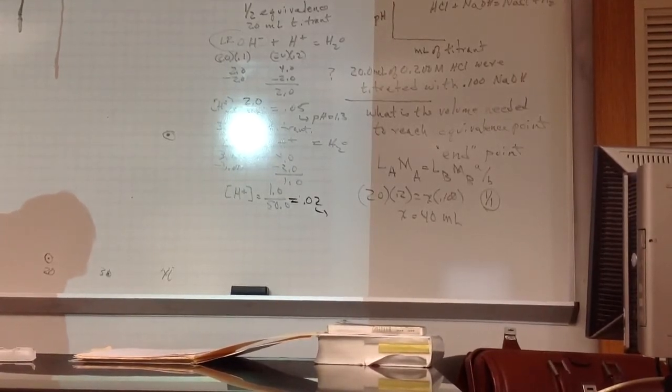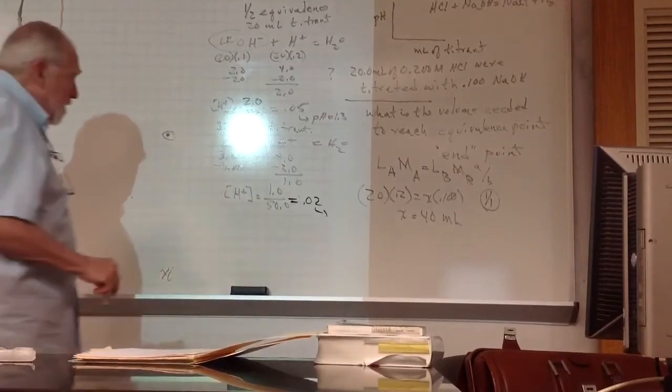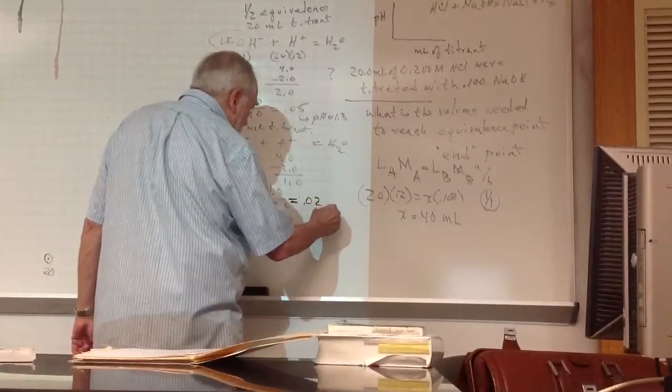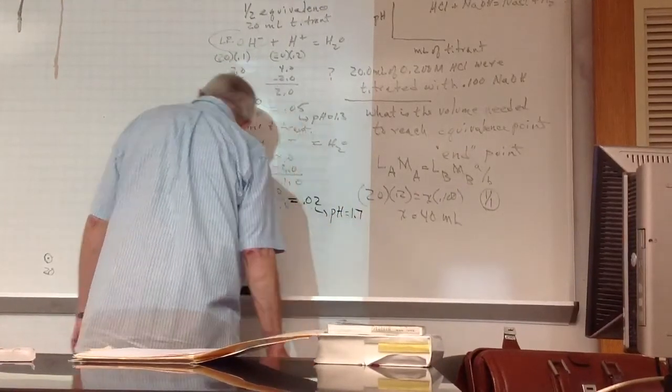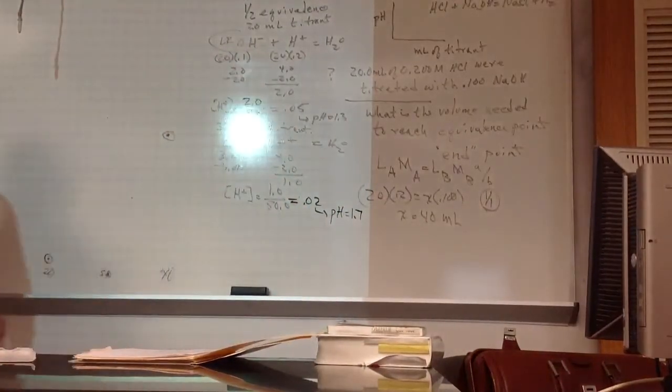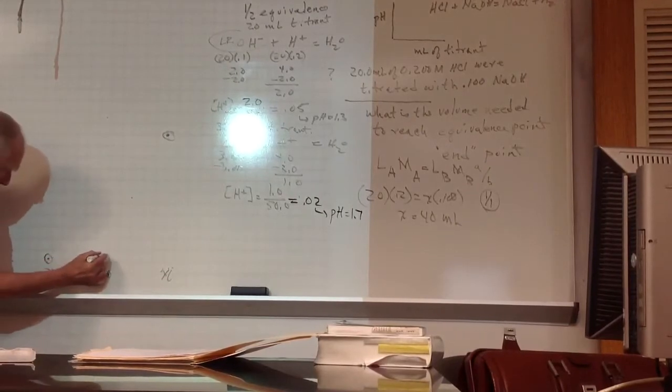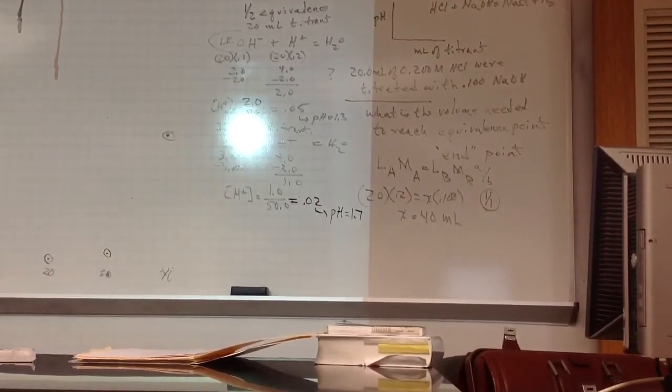And I get 1.7. Notice the pH, as I'm adding the sodium hydroxide, barely changes. It has to eventually pass through that high point.